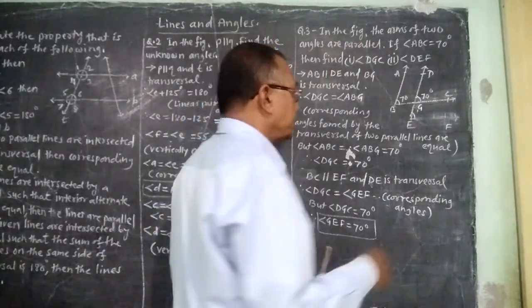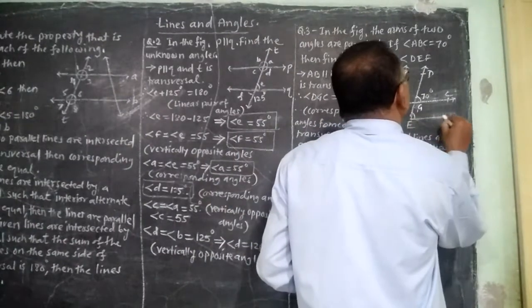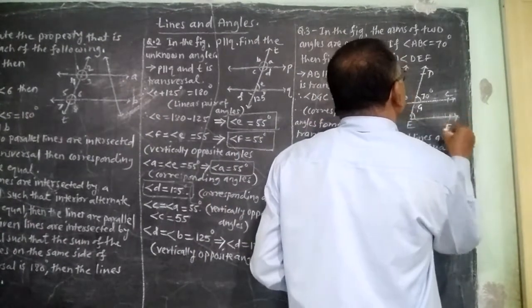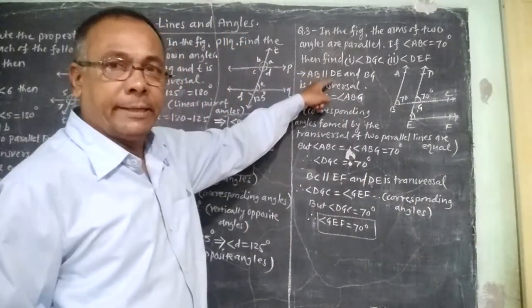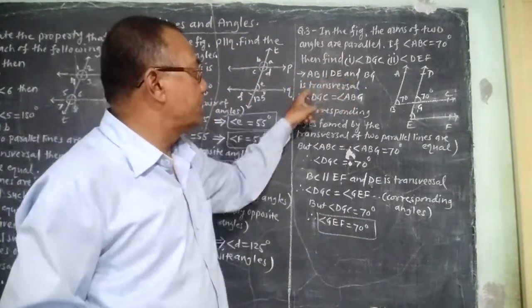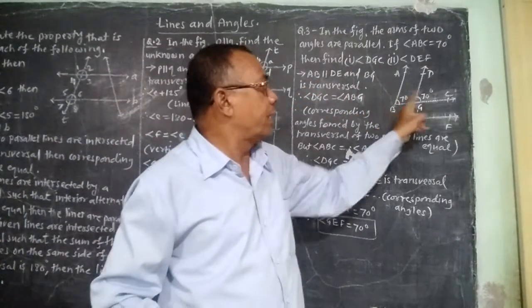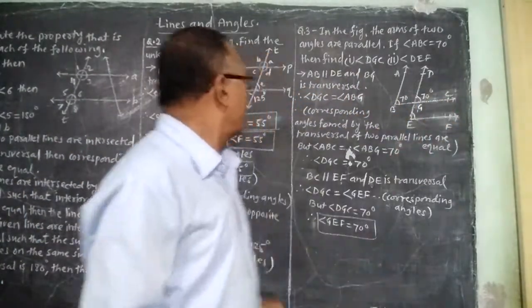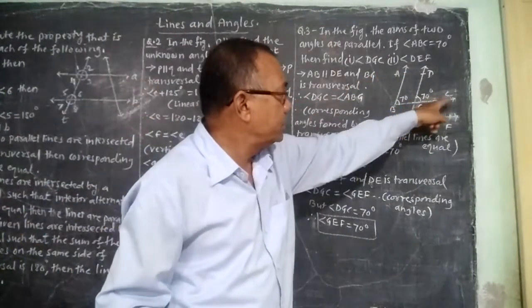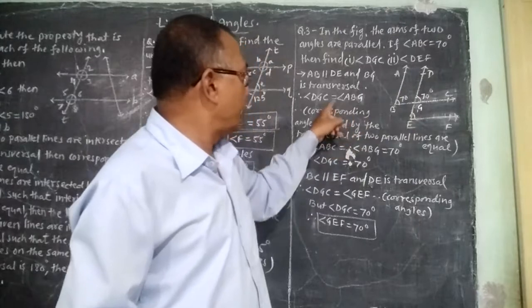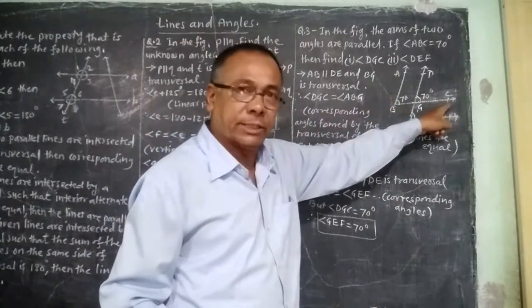Now here it is given that AB is parallel to DE and BG is a transversal, or you can take BC as a transversal, and therefore angle DGC equals angle ABG or ABC.